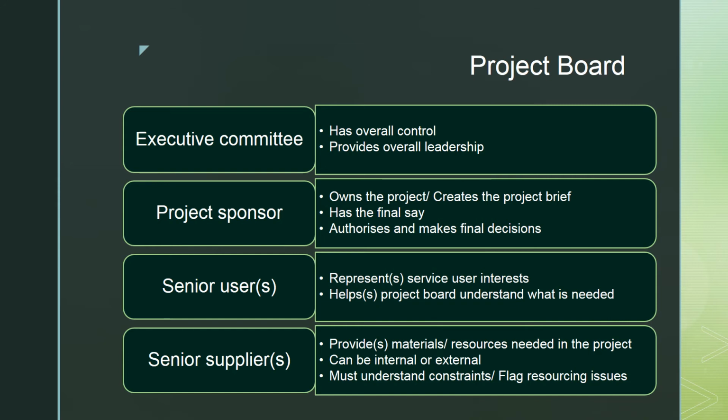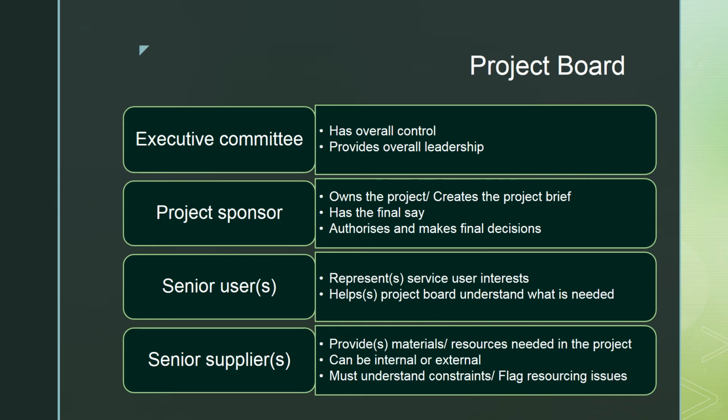They are the ones who are sponsoring, if you like, who are funding this project. And therefore, because of their vested interest in this particular project, they have the final say because they are sponsoring it. And therefore, the project sponsor authorizes and makes final decisions insofar as the project is concerned.